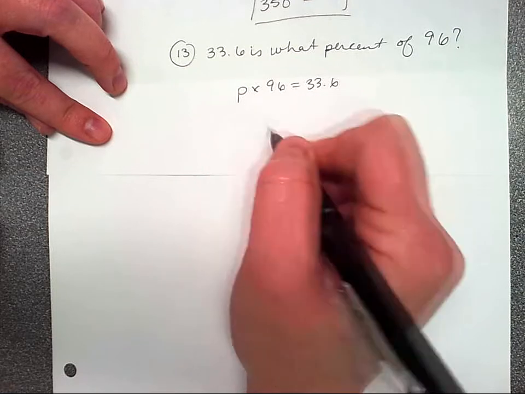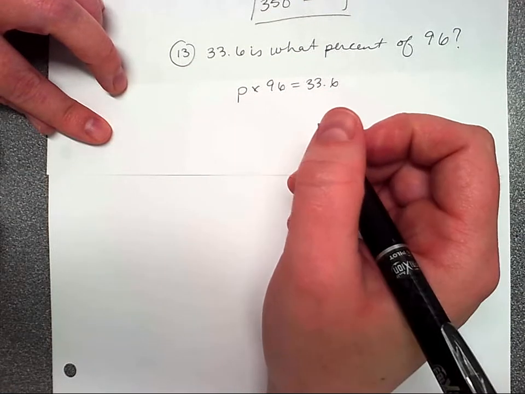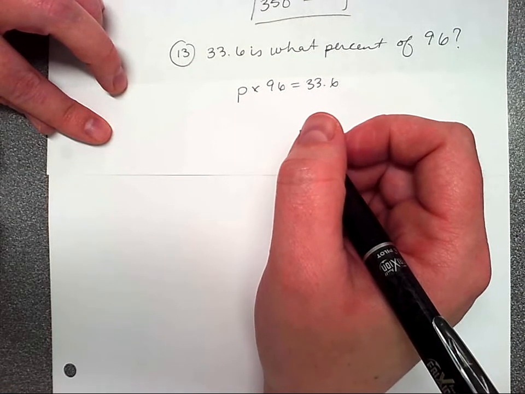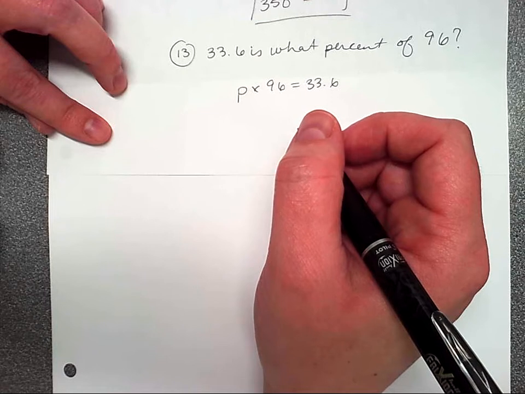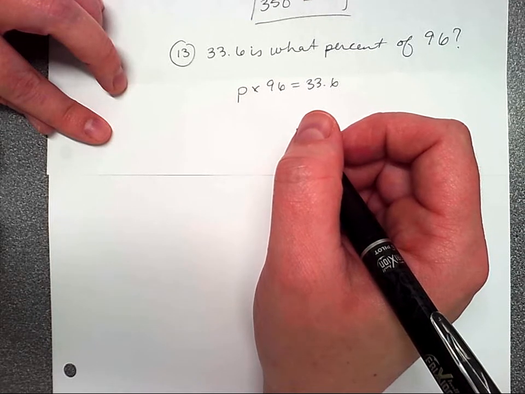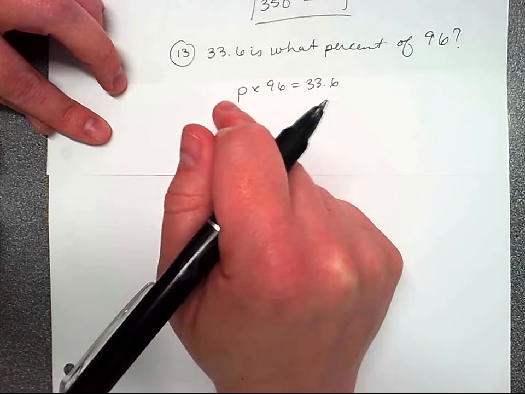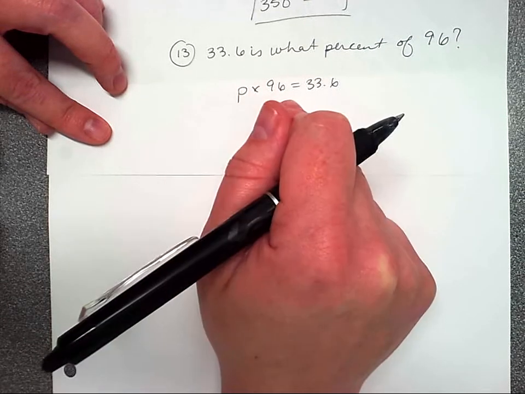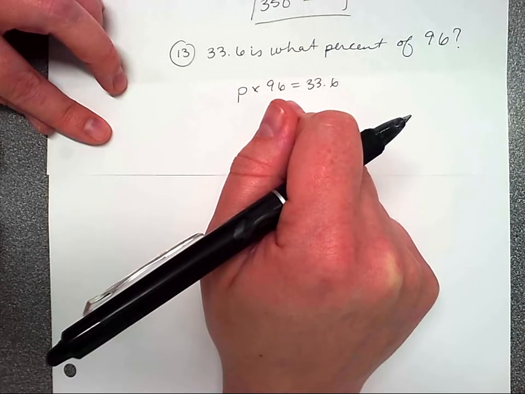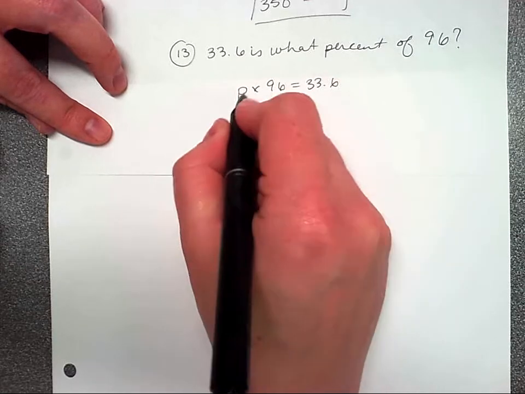Why are you saying that, Austin? Why are you saying divide by 96? How do you know that? Because you've got to get that by itself. You're trying to get P by itself. P and 96, the relationship there is multiplication. So the opposite of multiplication is division.